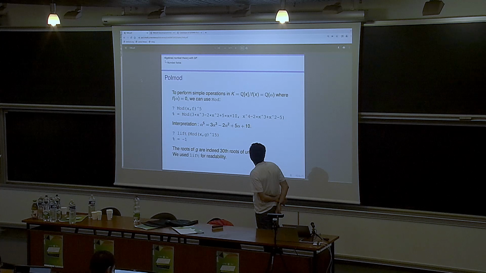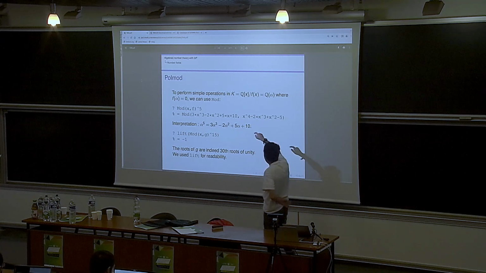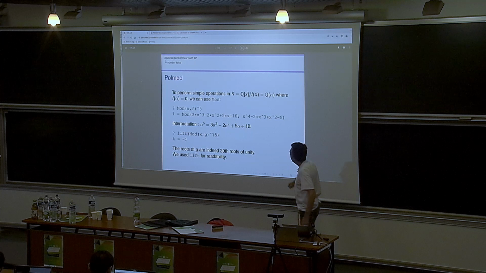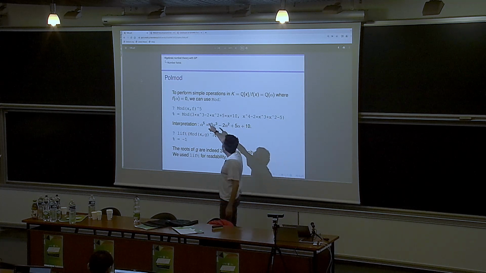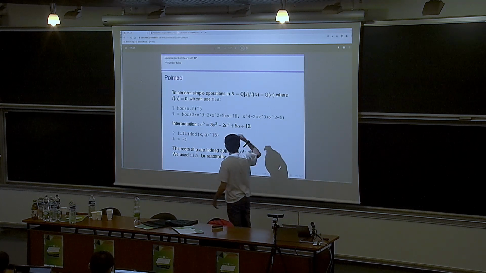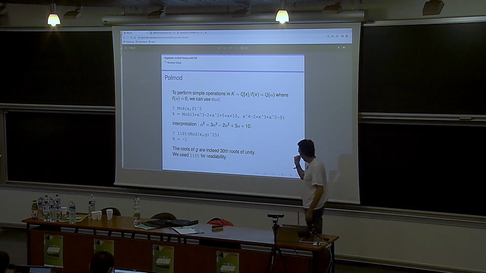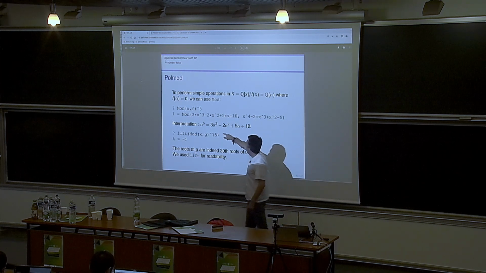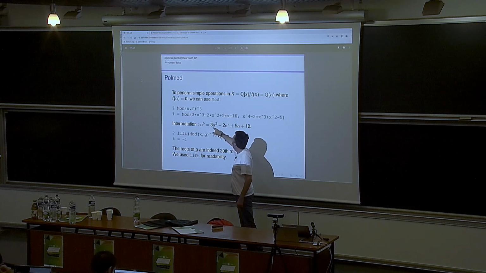So Mod. As we said, you can use Mod to define elements of Q[X]/(f(X)). So, for example, Mod(x^5, ...) with this polynomial modulo this one. That means that if you define alpha to be a root of this, then you have alpha^5 equal to this.